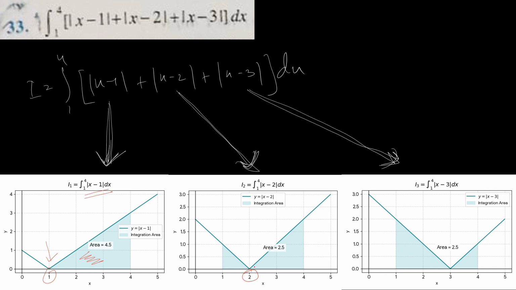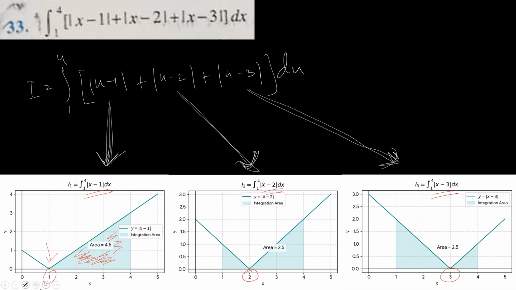At x equals 2, x minus 2 will be 0, and at x equals 3, x minus 3 will be 0. So these are the graphs. Here why is only the right side shaded, and the left portion left blank?